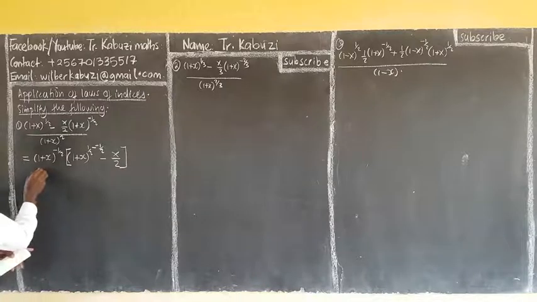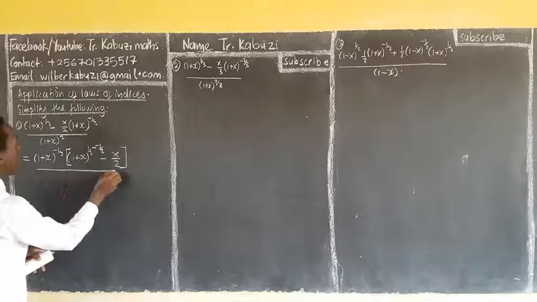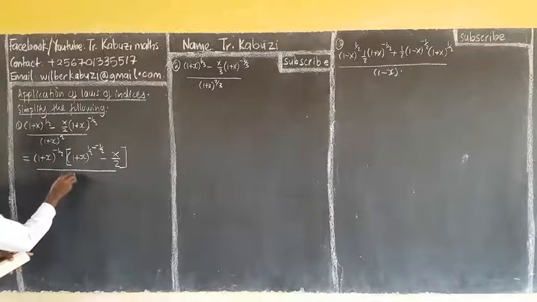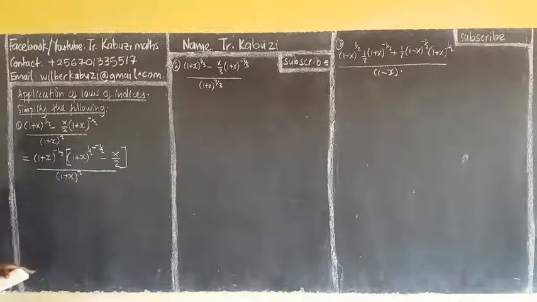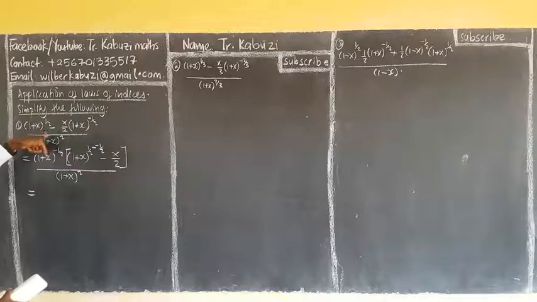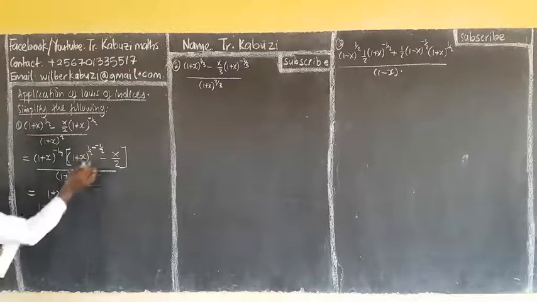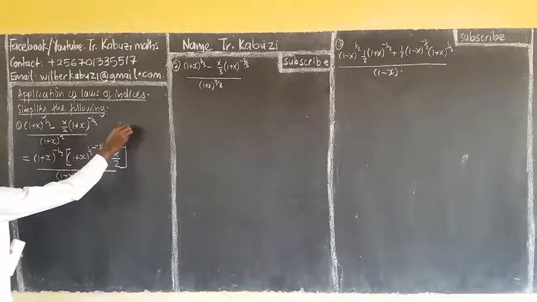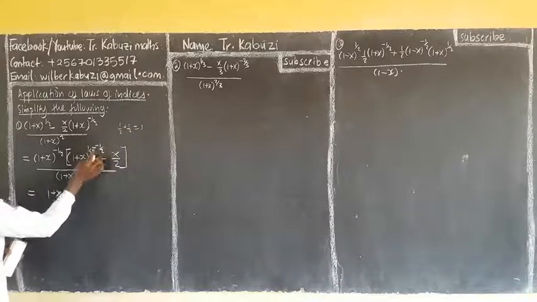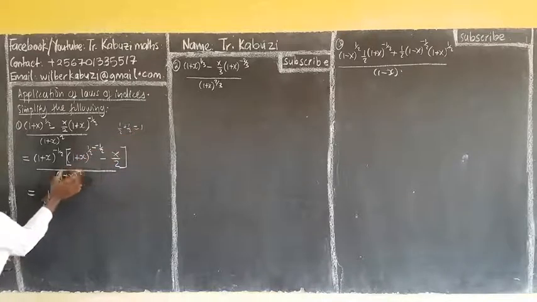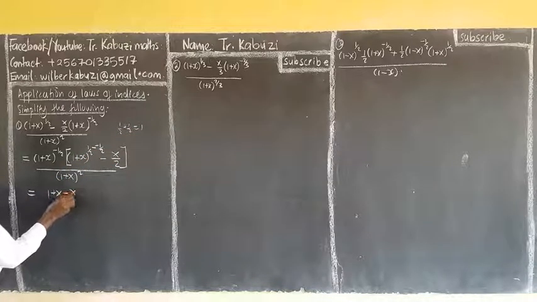So the whole of this is divided by 1 plus x, the whole squared. Now using indices, I'm going to push this down. So I'll be having here 1 plus x, because this will be power 1. This a half, now plus a half will be a 1, because this is going to give us a plus. So this one is here. Then minus x over 2, the whole over.